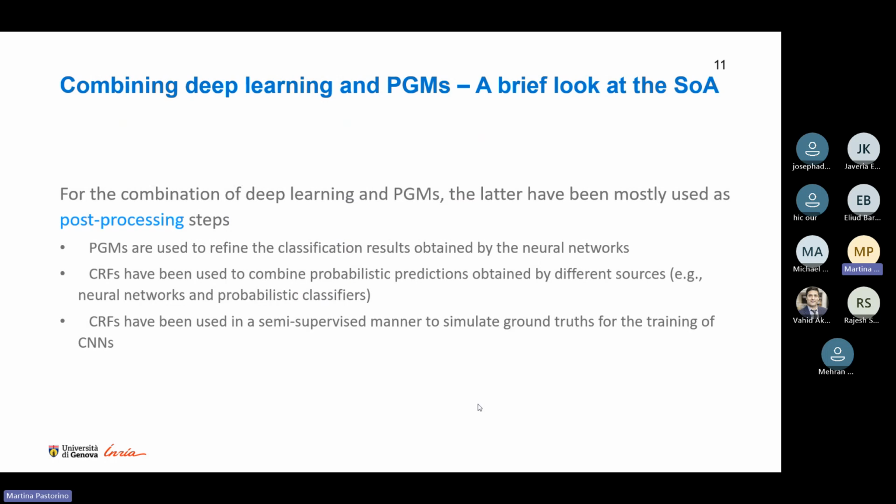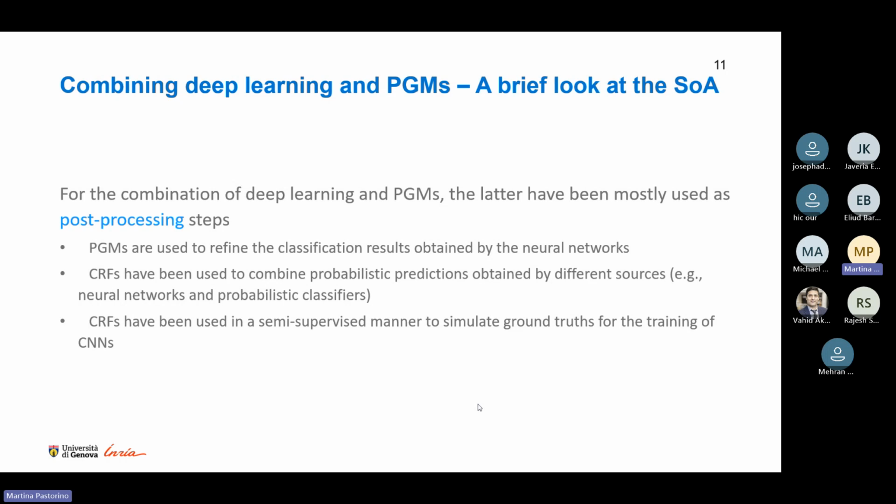Let's have a very brief look at the state of the art about the combination of deep learning and PGMs. Most of the time, PGMs are used as post-processing steps, so we can use them to refine the classification results obtained by neural networks. They have been used to combine probabilistic predictions obtained by different sources.